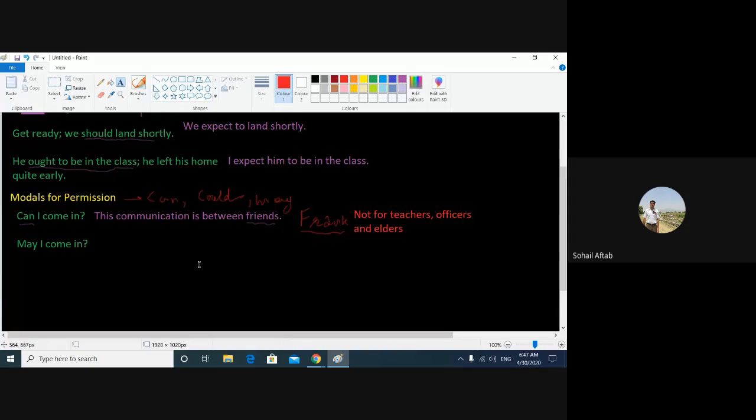Then what can we use when we talk to officers, teachers, elders and strangers? Then the best idea would be to use may. And this is the basic difference between can and may. That is the difference of how familiar, or what the degree of familiarity is between the people.